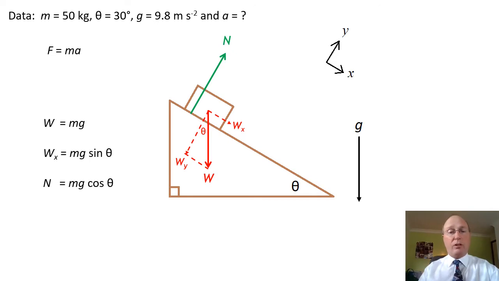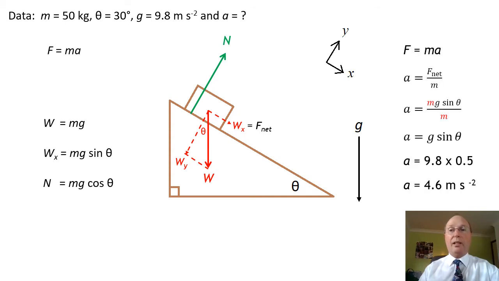Due to Newton's third law, the normal force N is equal and opposite to the y component of the weight, wy. Again, by trigonometry, this value is N equals mg cos theta, but it's in the opposite direction. We can write wx equals F net on the diagram. We're now ready to calculate the net force.